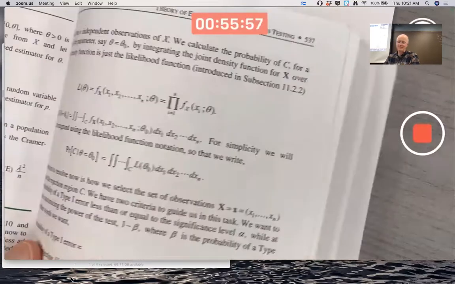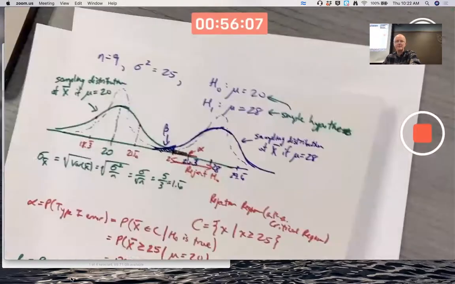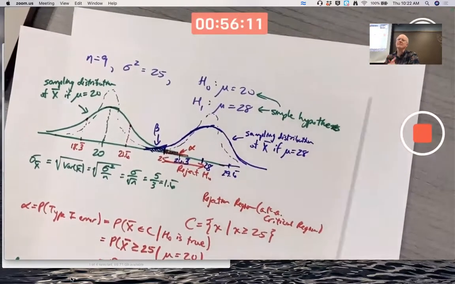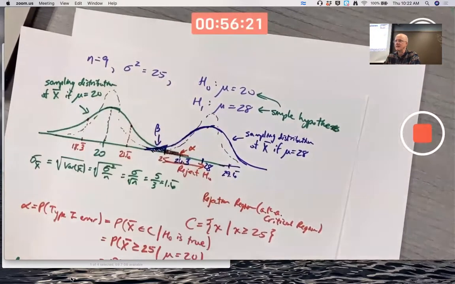How does this work out in an example? Let's consider our standard, most simple example. In fact, effectively like this example. Maybe we should even continue this example just to use particular numbers. I could keep n and sigma squared unspecified.